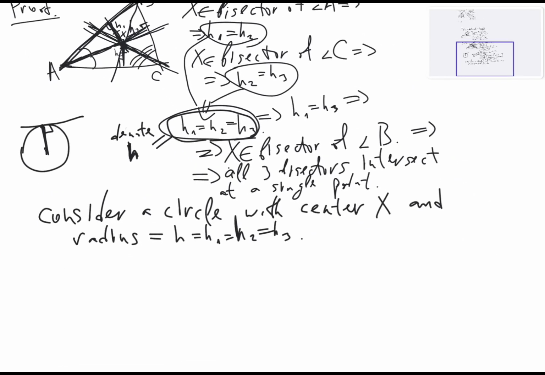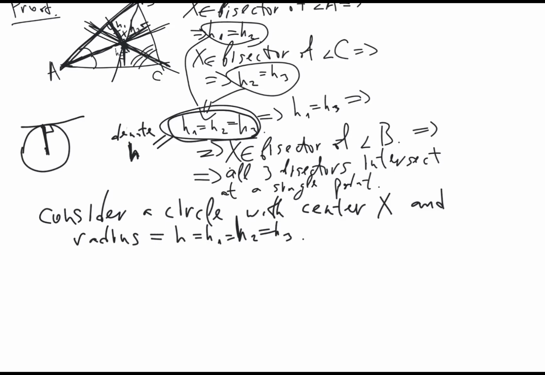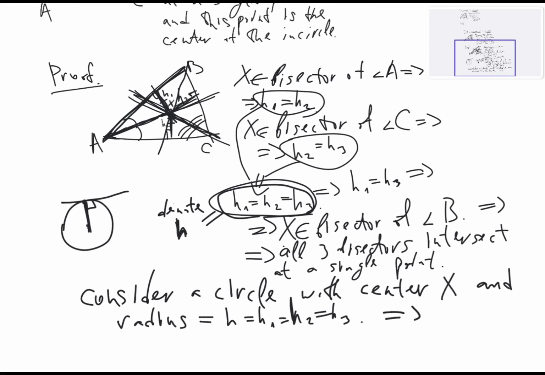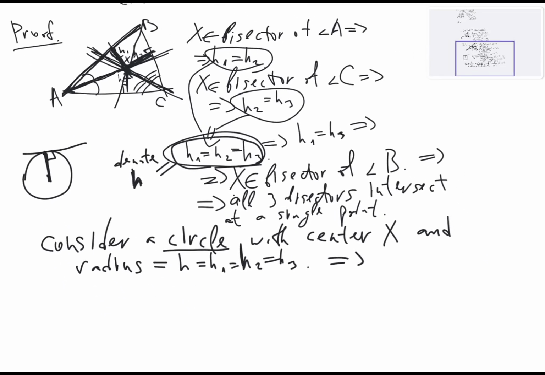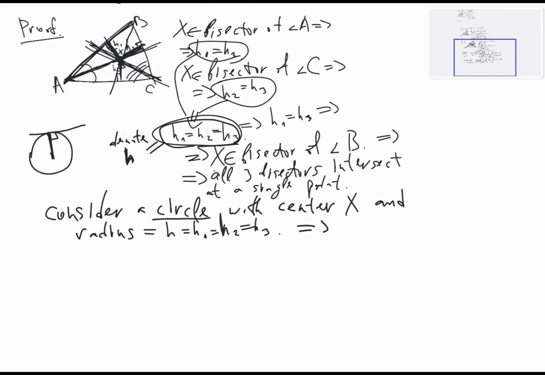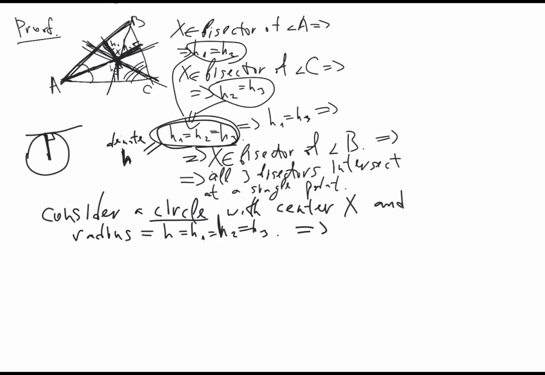Because of this, these altitudes from this point X to the sides are radii of this circle, and because they are perpendicular, the sides are tangents.